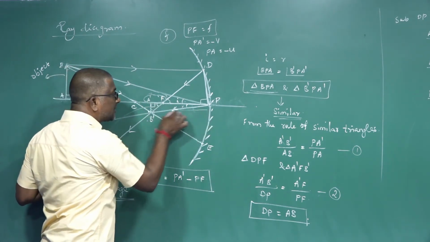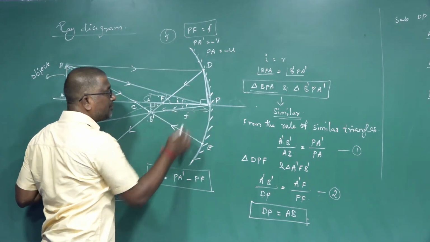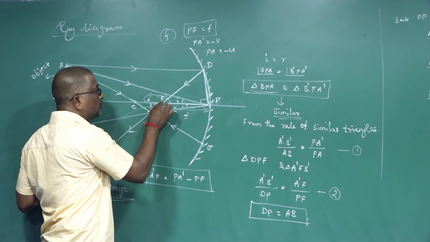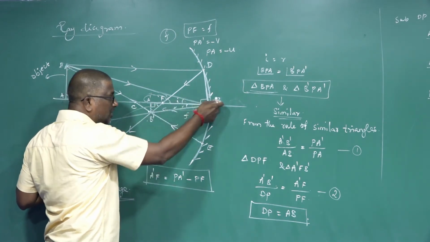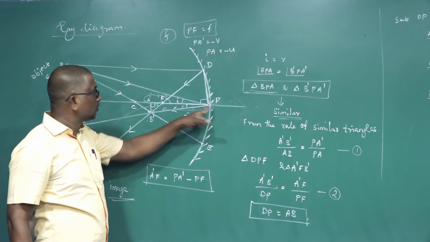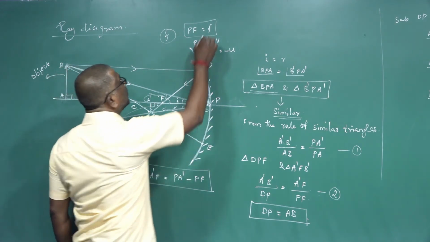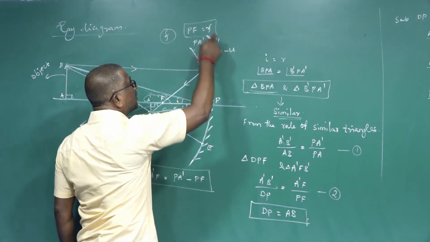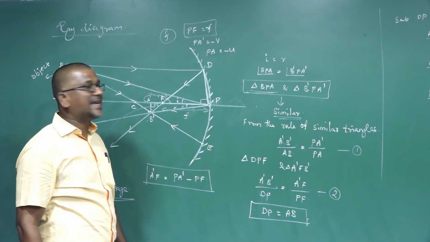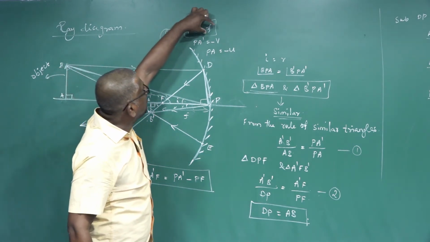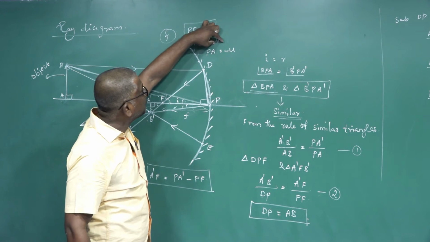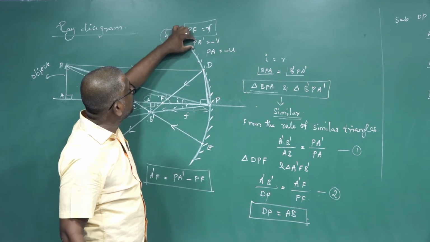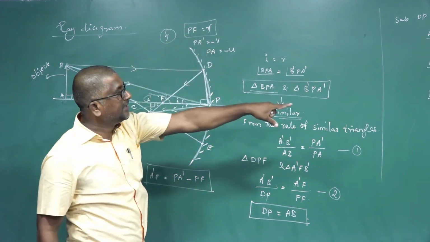And the focal length of a spherical mirror value is also negative, because the focal length is measured from the pole to the principal focus, which is also to the left of the origin. So focal length, image distance and object distance values should be negative. Here PF is equal to minus f, PA dash is equal to minus v, and PA is equal to minus u. Understand?